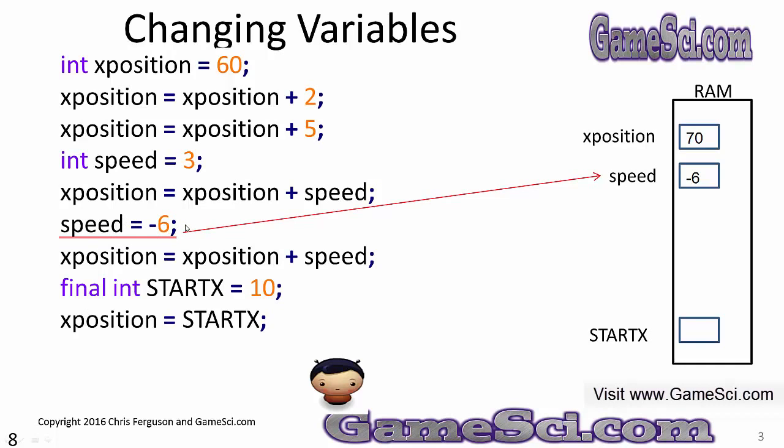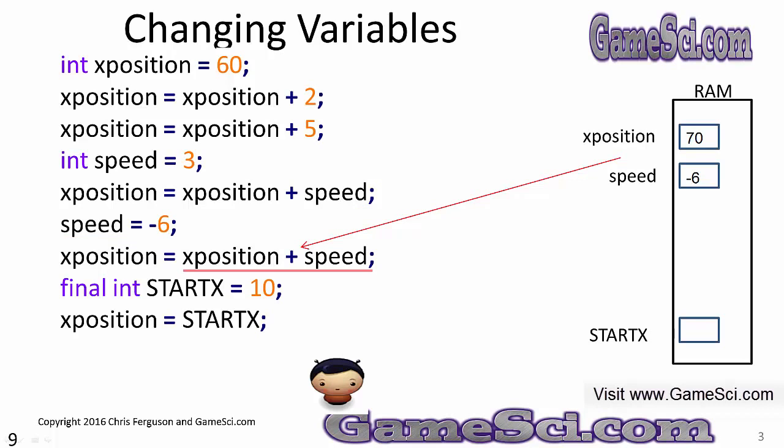So now, not only can speed control the pace in which the character moves, but it can control the direction of the character. A negative number will move the character to the left. At the speed of -6, I'll go down and execute the next line of code. Once again, I'll pull the 70 out of X position.